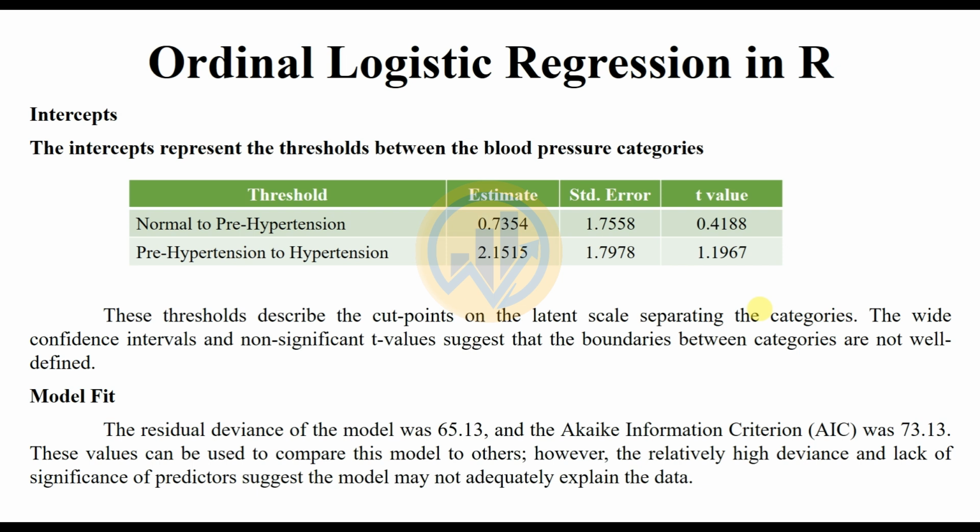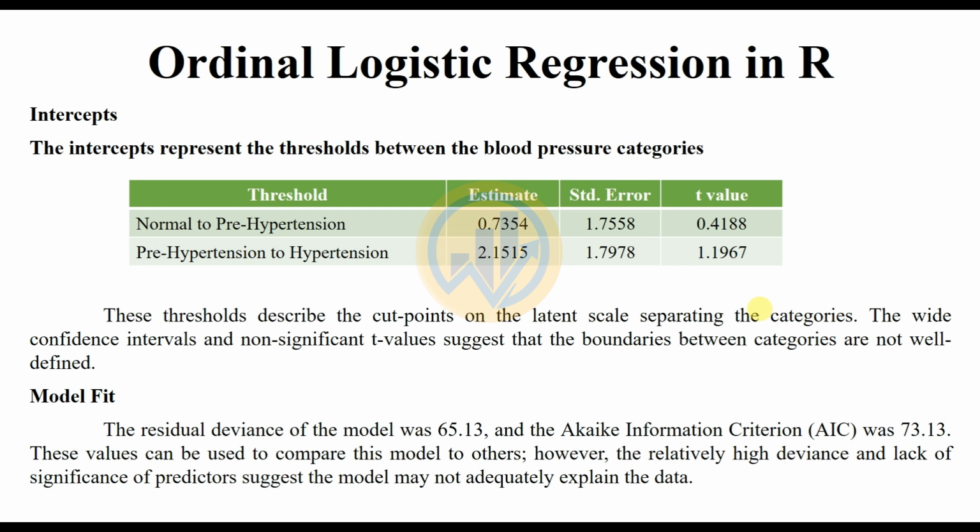Those thresholds describe the cut points on the latent scale separating the categories. The wide confidence interval and non-significant t-values suggest that the boundaries between the categories are not well defined.